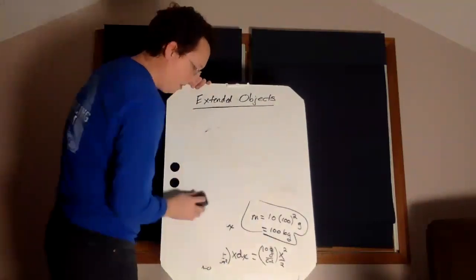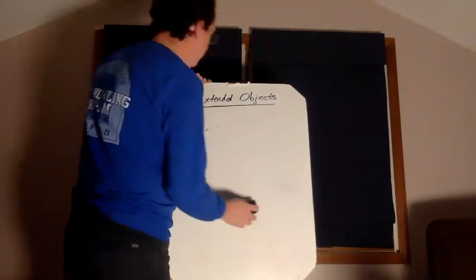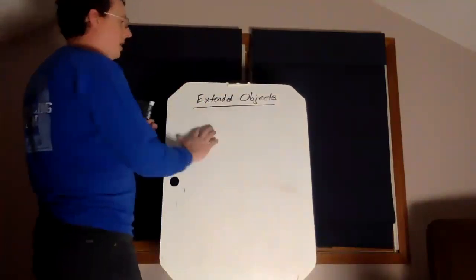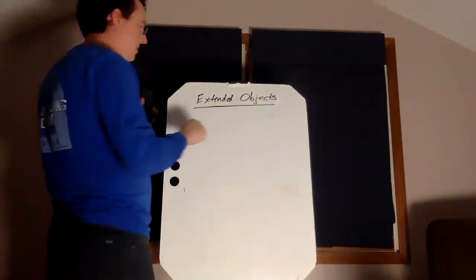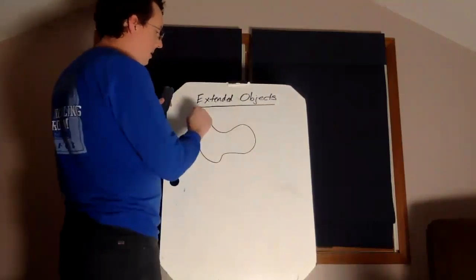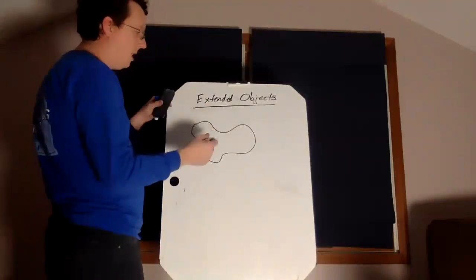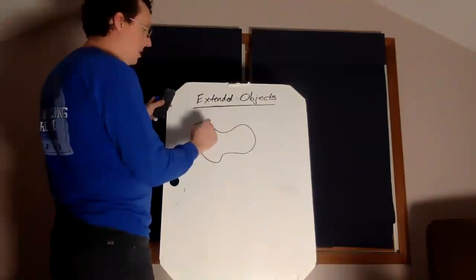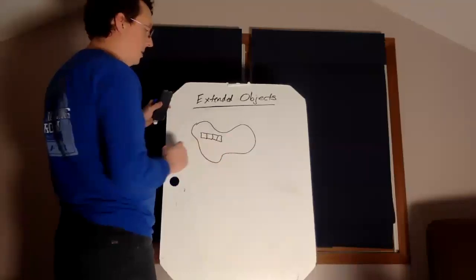Okay, so we've done linear things, we've done volume things. Those are the most familiar to most people. Let's talk about two-dimensional surfaces. So if we have a two-dimensional surface, it's really the same game, but instead of doing cubes or lines, we're going to imagine covering this area with little postage stamps.